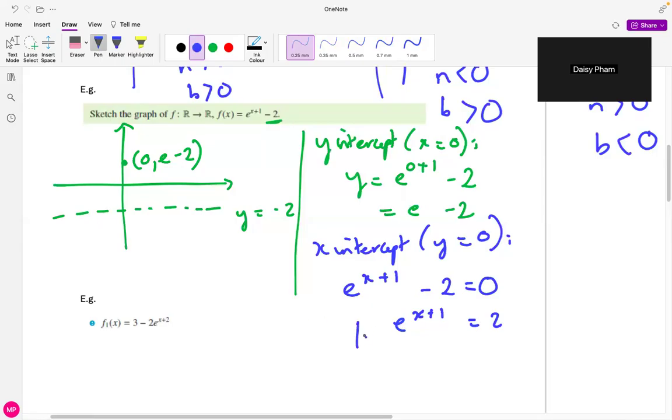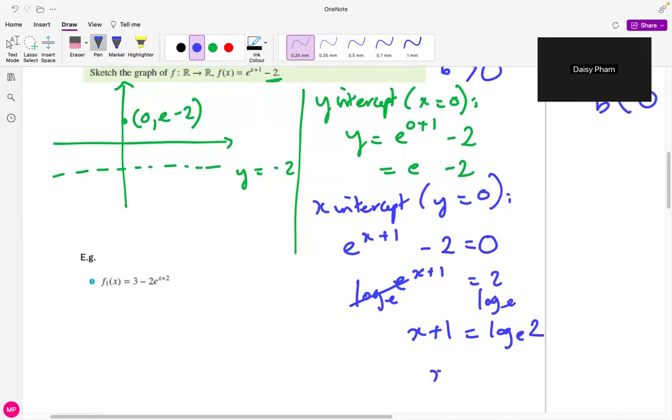So I log base a on both sides like that. So log base a of a will go away. So x plus 1 equals log base a of 2. And then minus 1, so x equals log base a of 2, minus 1.